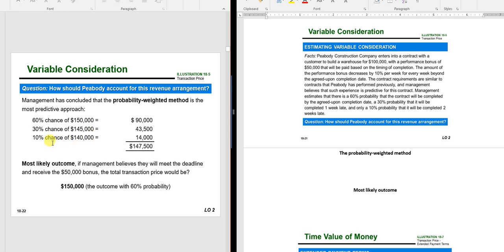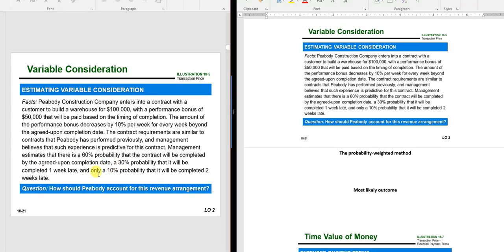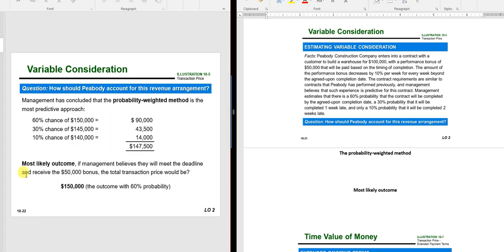And then the other one, $140,000. I forget what it said. 10% probability, no, 10% a week. It's going to be decreased by 10% a week, so we're going to decrease it by 20%. So 20% of $150,000 is $10,000. So we're only going to pay them $140,000. There's a 10% chance of that. So I book my revenue at $147,500.